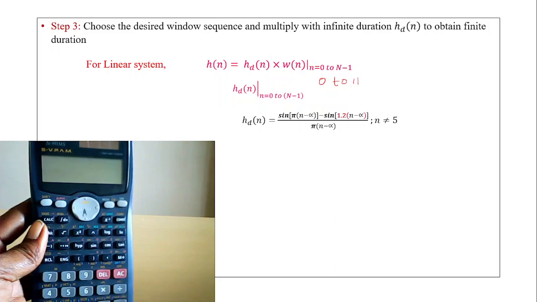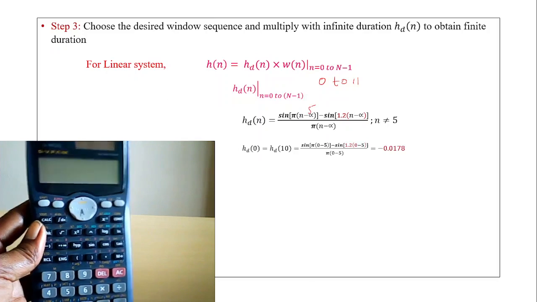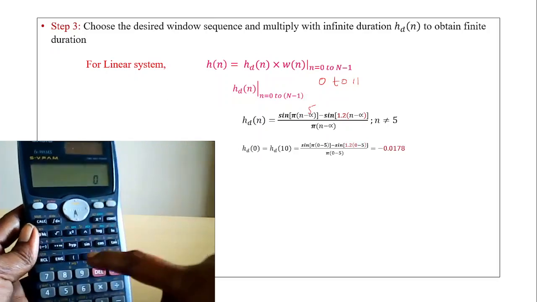Here hd of n is sin pi(n minus alpha) minus sin 1.2(n minus alpha) divided by pi(n minus alpha). Replace alpha by 5. We will find hd of 0 now. Make sure the calculator is in radian mode.